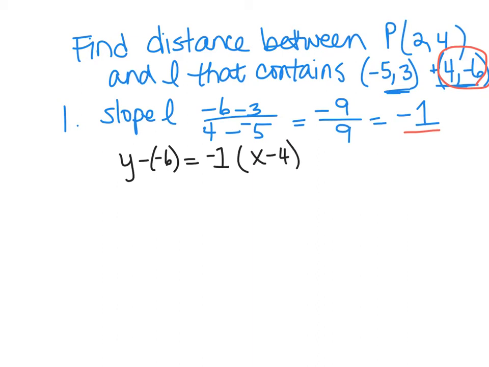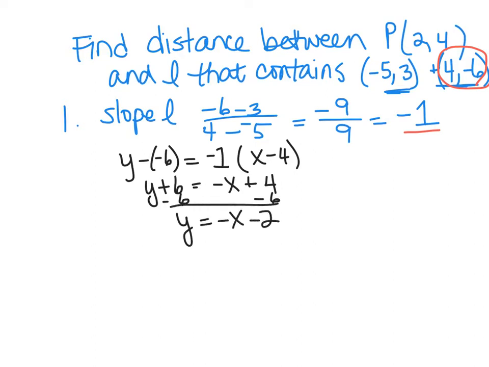All right, so this becomes y plus 6 equals -1x, so just negative x, plus 4. And so I'm going to subtract 6 from both sides, and I have y equals -x minus 2. So this is my equation for L.